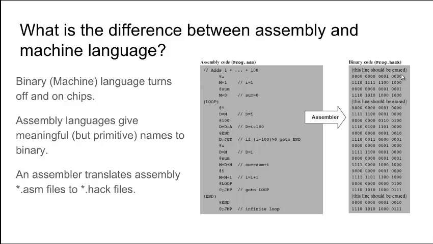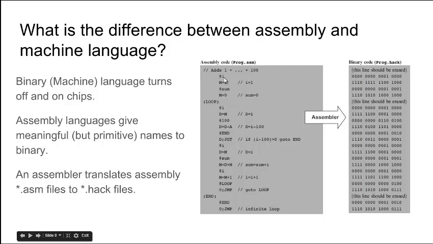So the design that we're studying is how these 16 bits are used, what each one of these zeros and ones means. Now when a program is assembled, the comment here disappears, the word sum disappears, the I right here disappears, the word loop disappears.